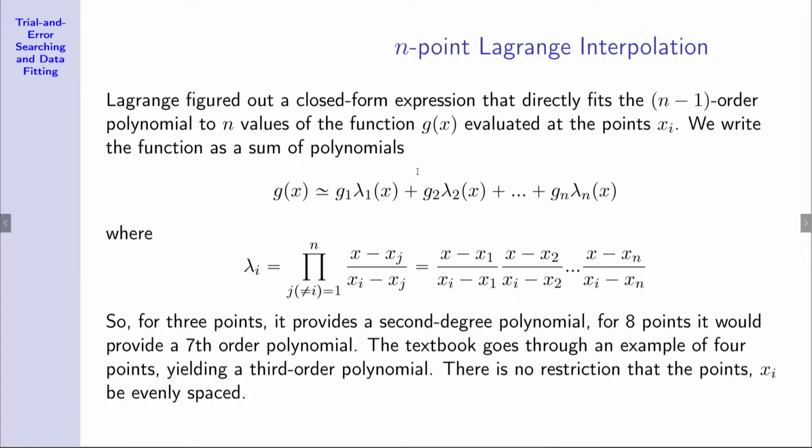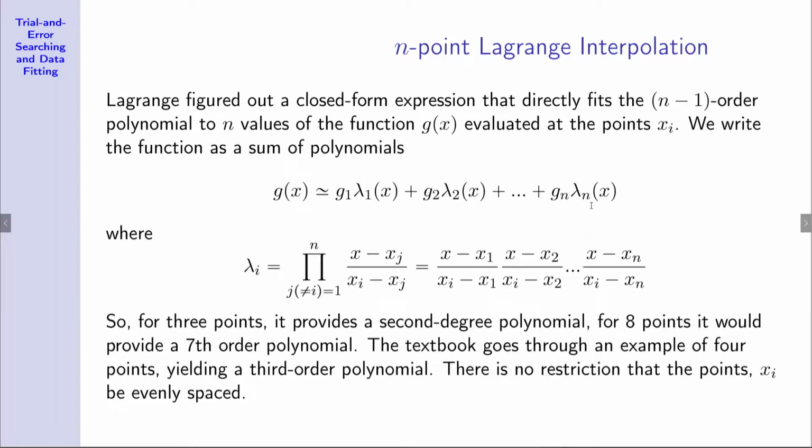And so we first start by taking our g of x function and we write it as a sum of different polynomials, these lambda_i here. So we have g1 lambda 1 plus g2 lambda 2, and so on, all the way up to gn lambda n.